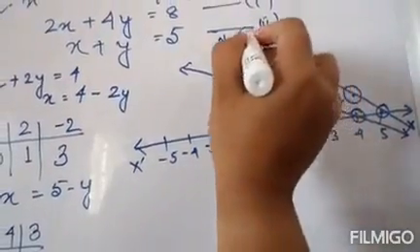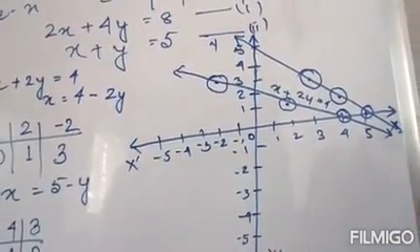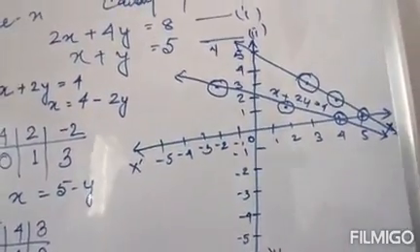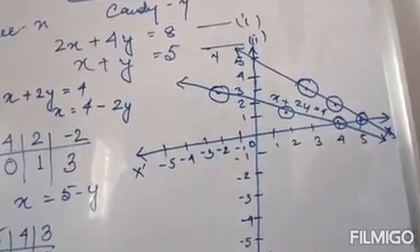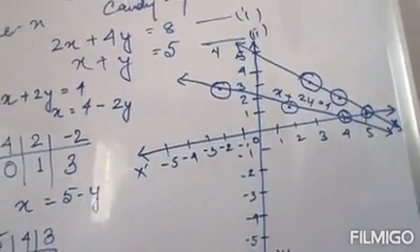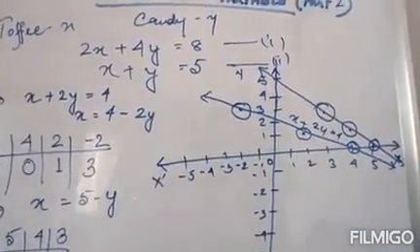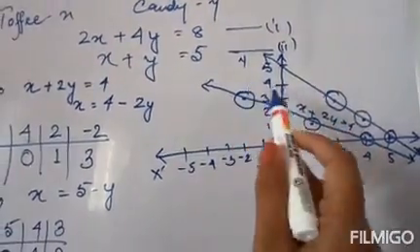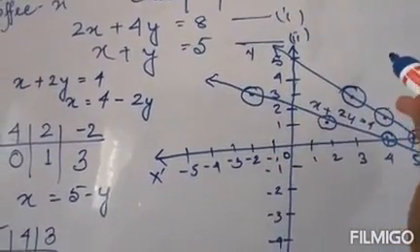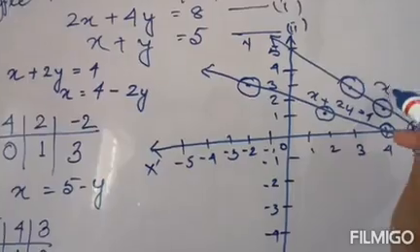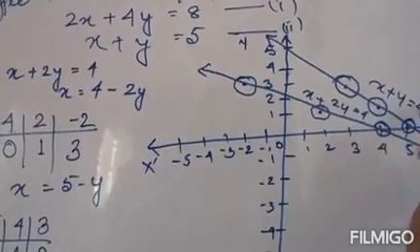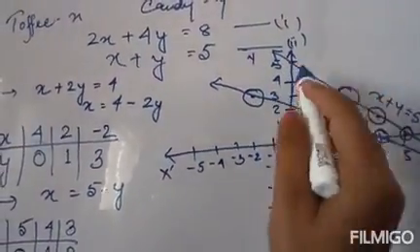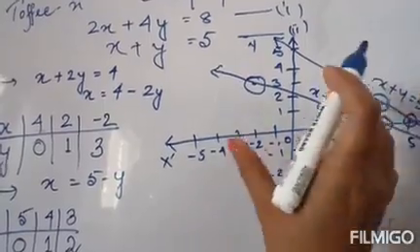Now you see this is for the equation x plus y is equal to 5. Now see, I have drawn this on the board.